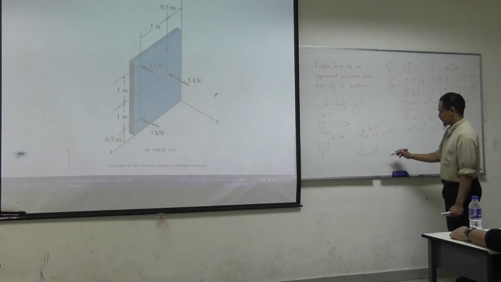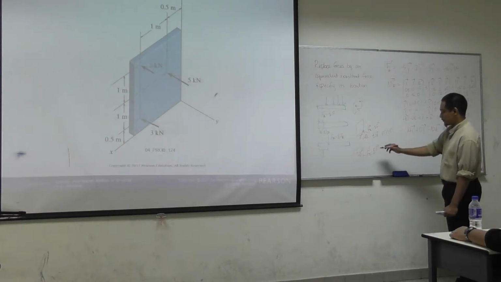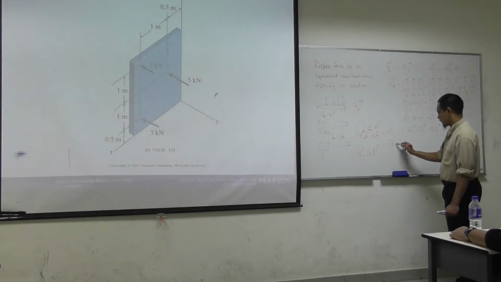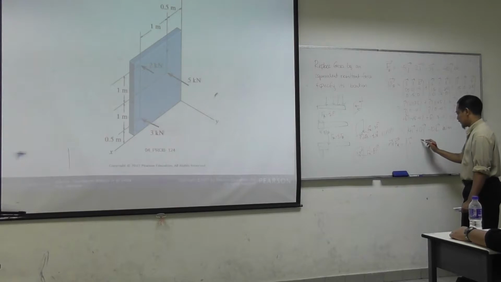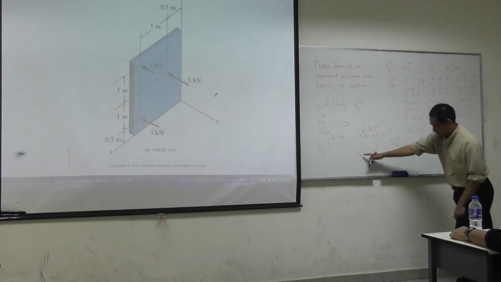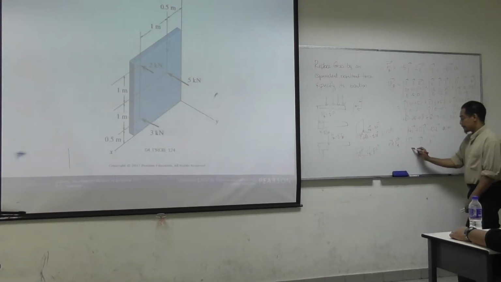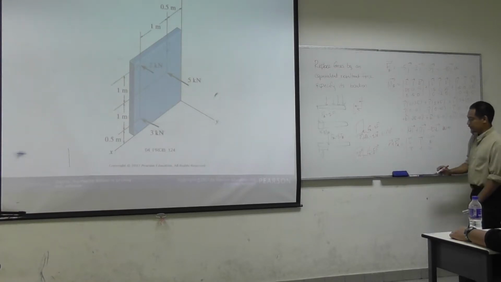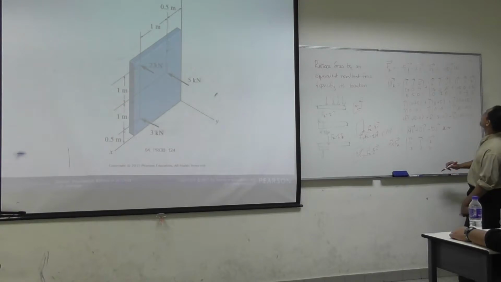So if you do R cross F here, what you get? I J K. What is R? If the coordinate is equal to X, Y, Z, and then FR is this one, is it?